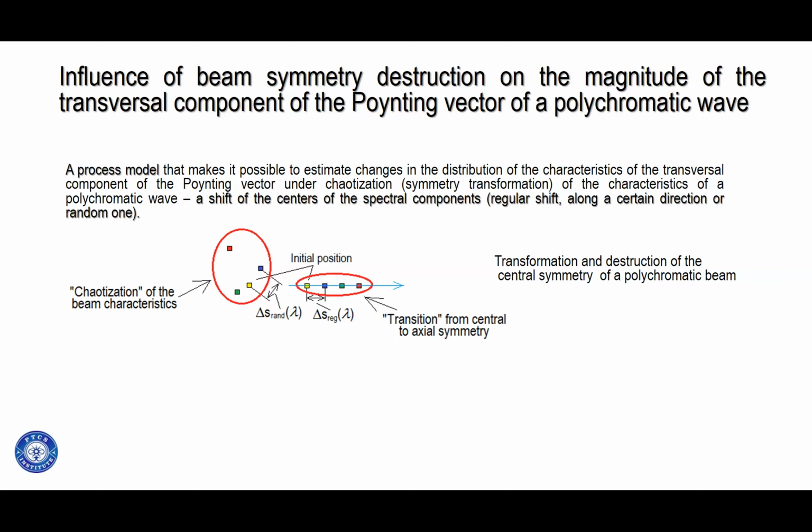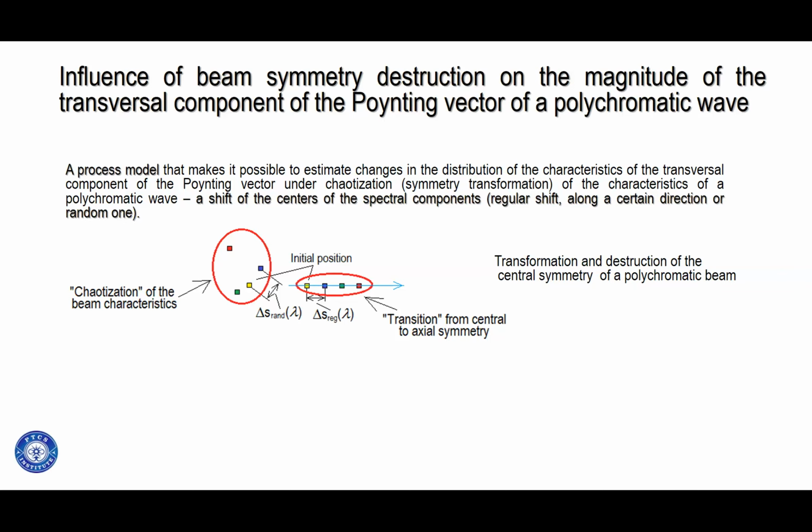An exception may be the destruction of topological defects, such as vortices with charge greater than unity and other similar situations. This also gives no decrease in the value, at least the mean magnitude, of the transversal component of the Poynting vector.